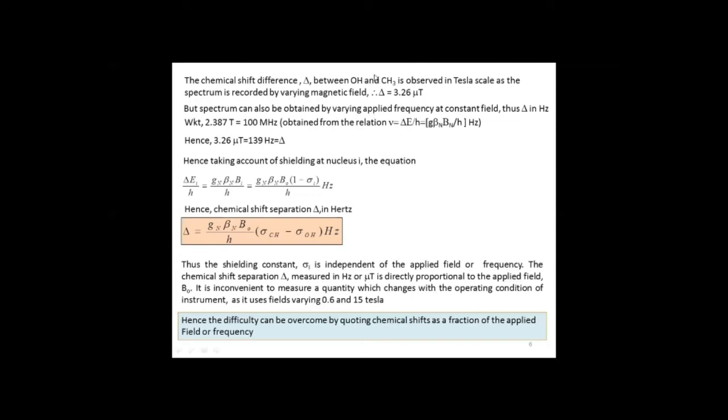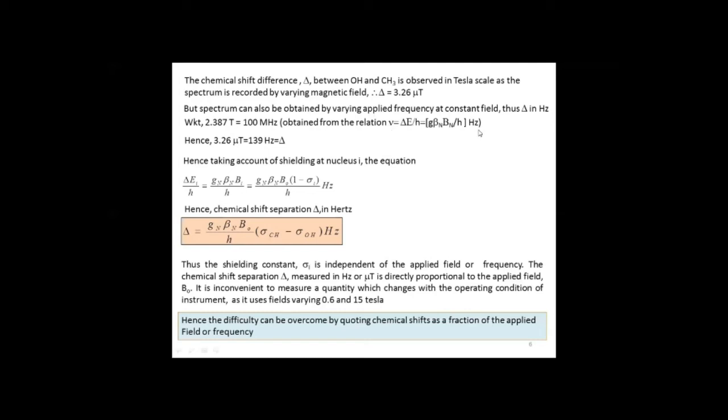So we know that 2.387 Tesla is equal to 100 megahertz. This calculation is obtained from a known relation we had seen in the earlier slides: nu is equal to delta E divided by h, that is nothing but g, the g factor for the hydrogen, times the nuclear Bohr magneton, times the applied field strength, divided by h, the Planck's constant.